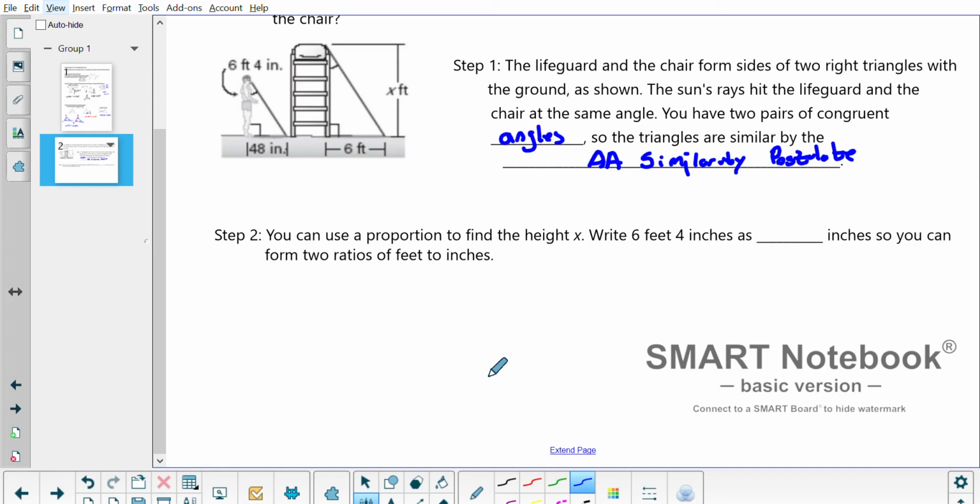We can write 6 feet 4 inches, convert that to inches. So 6 times 12 would give you 72, plus the 4 is a total of 76 inches. So you can form two ratios of feet to inches. So if we know this is really 76 inches, we know 6 feet here is really, multiply that by 12, this is 72 inches.